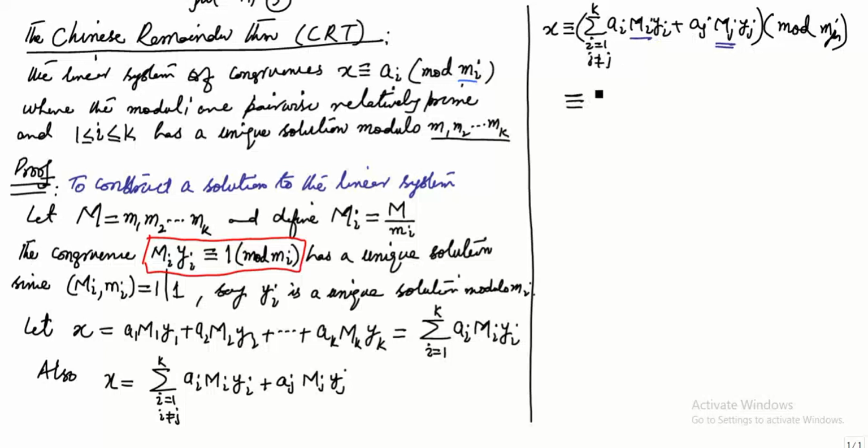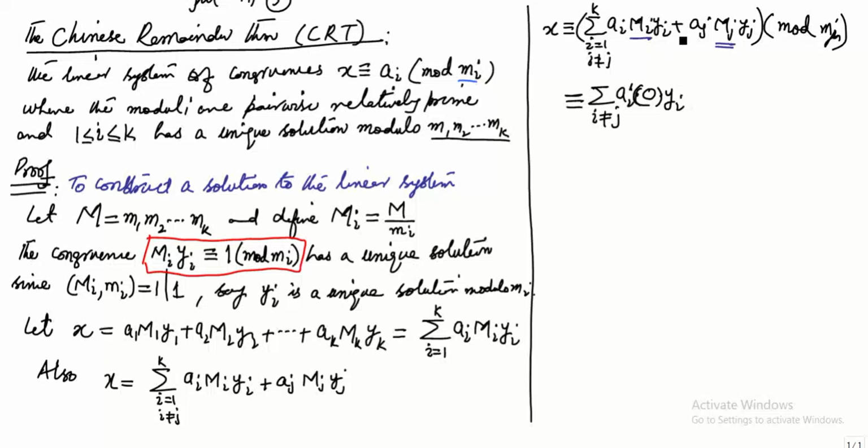So this can be written as the sum over i not equal to j of ai, and the remainder will be 0 when divided by mj, yi.